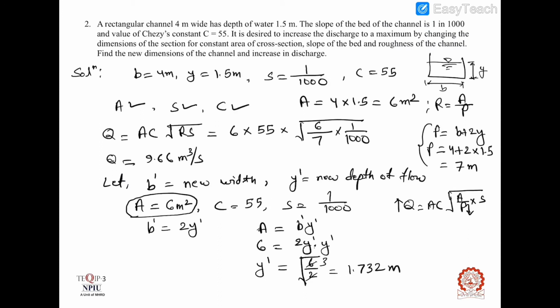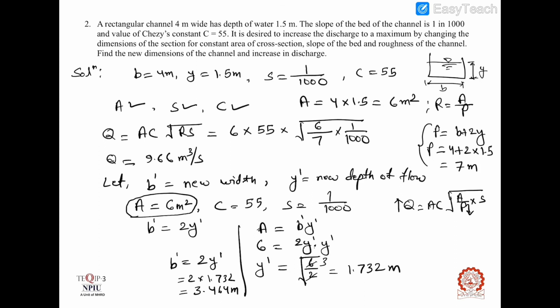In similar way we can find the width. B dash is equal to 2Y dash is equal to 2 multiplied by 1.732, that width is 3.464 meter. So for the maximum discharge condition, the new width of the channel should be 3.464 instead of 4 meter, and the depth of flow should be 1.732 in place of 1.5 meter.